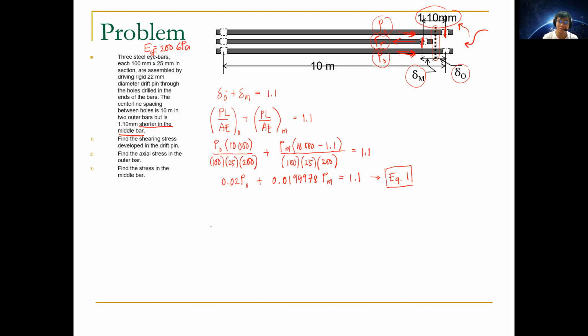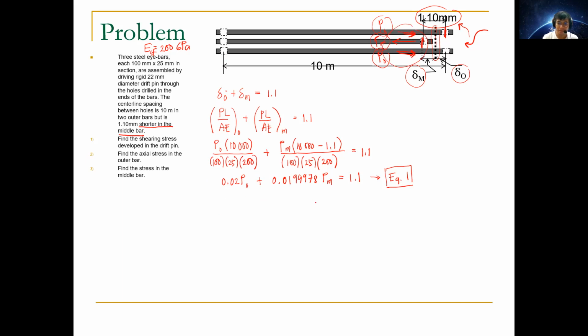So next step is we go to our equilibrium equations. For equilibrium equations, it's pretty simple, since we have horizontal forces only.